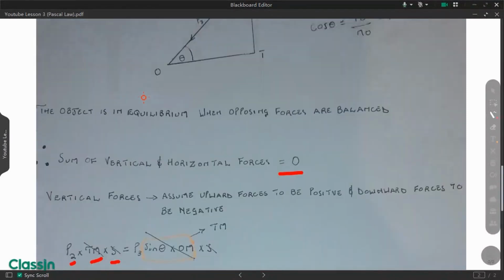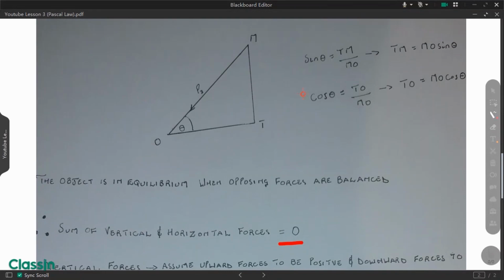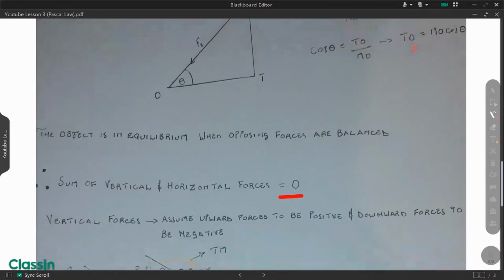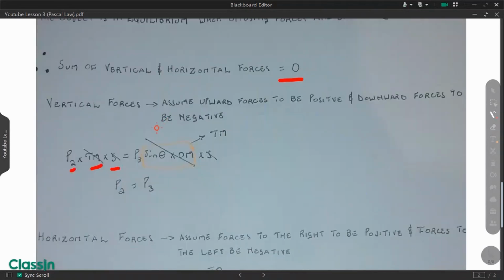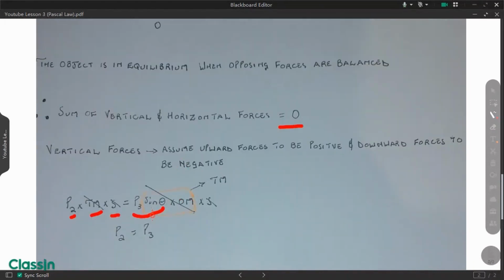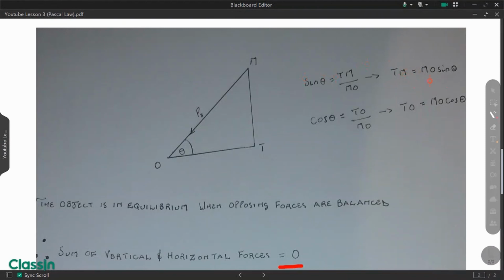So we want the vertical component of P3, which is MO sine theta. So P3 sine theta is the vertical component of that force. Remember, P3, this one, is equal to MO, this length.